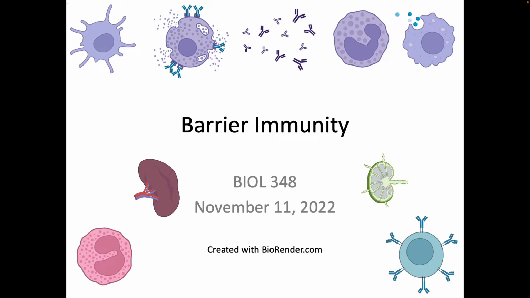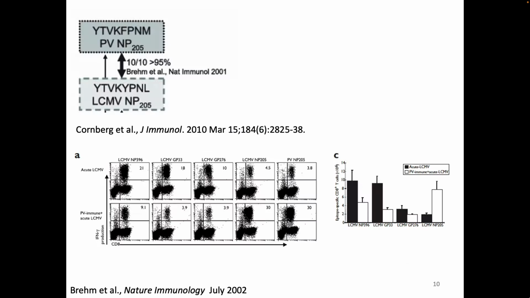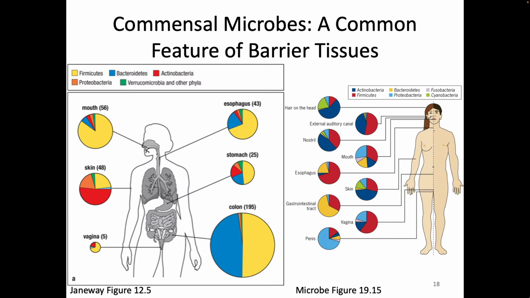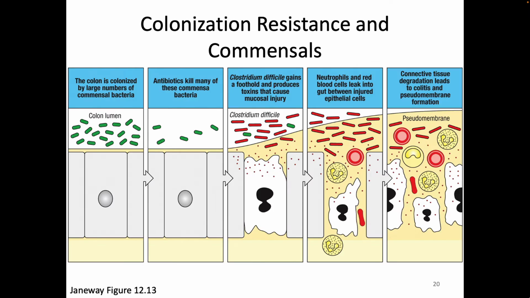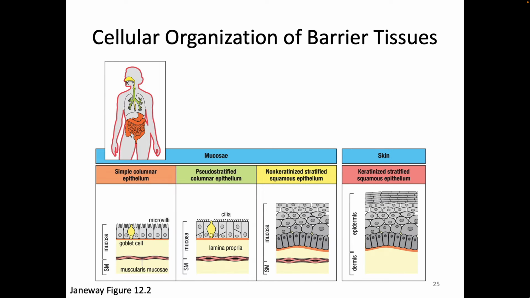So let's move ahead to the stuff we talked about on Wednesday. The area that we got into on Wednesday was this idea of barrier immunity and thinking about the immune responses at barrier tissues.